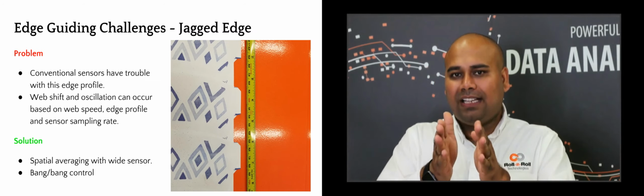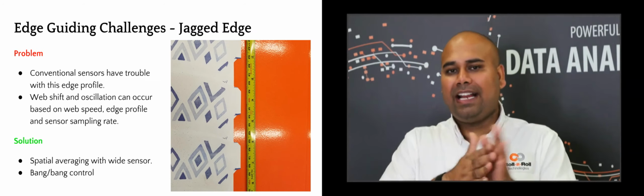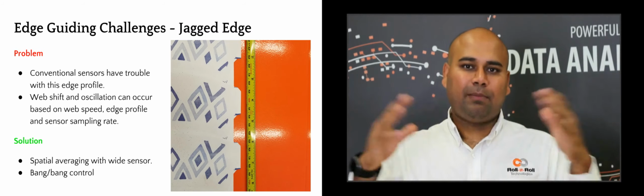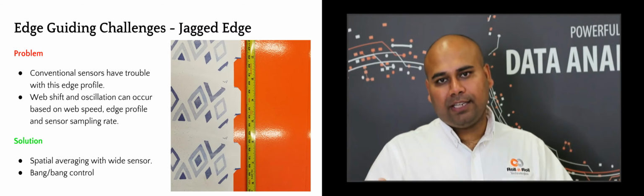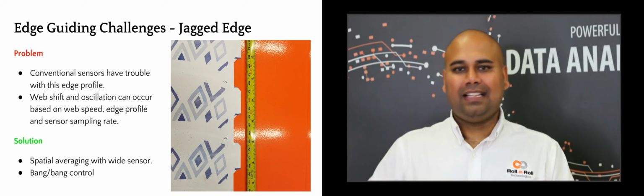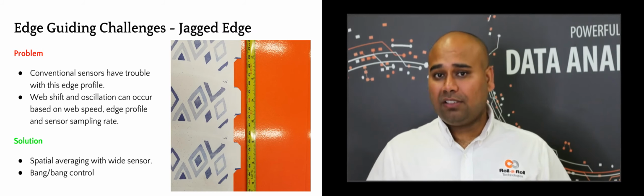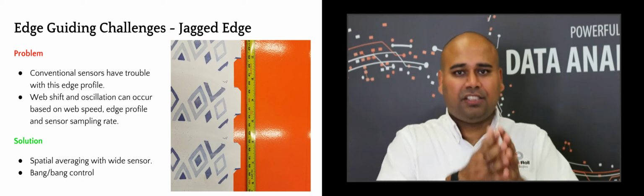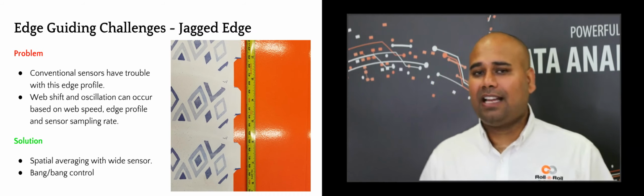You're going to have that average move whenever any of those conditions change. For example, let's say you're running at 1,000 feet per minute and you do all of these things, and then you go to 2,000 feet per minute. That's going to cause a shift, even if you do any kind of averaging.